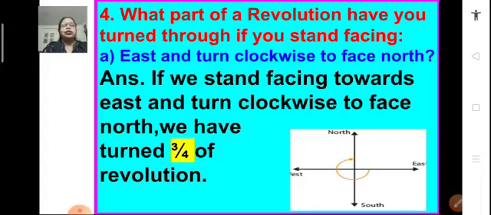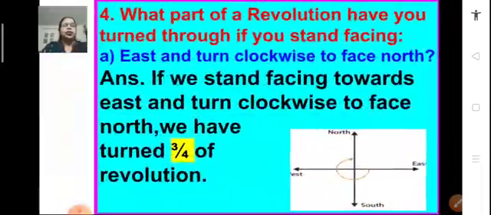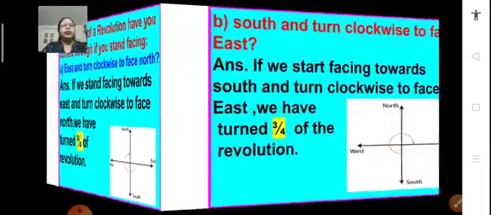You have taken 3/4 of a revolution, isn't it? You have taken 3 turns of right angles, from east to south, from south to west, and from west to north. That means you have taken 3 turns of right angles, or you have taken 3/4 of a revolution.